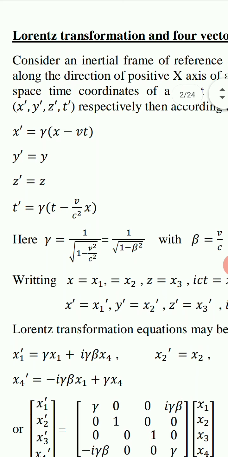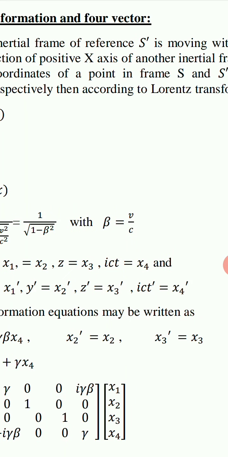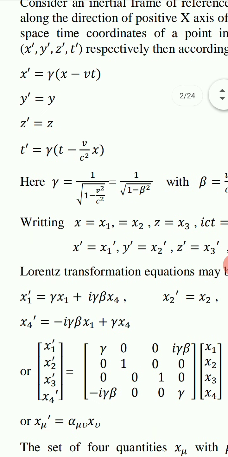In fourth Lorentz transformation equation, we multiply by ic. So in left hand side it becomes ict dash, which we write x4 dash. And similarly ict becomes x4.